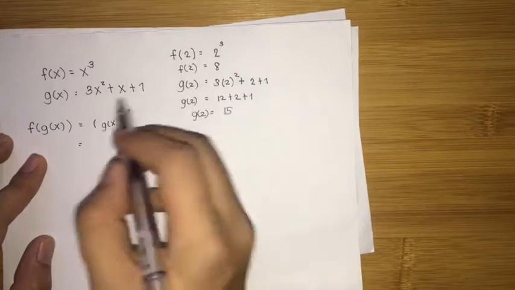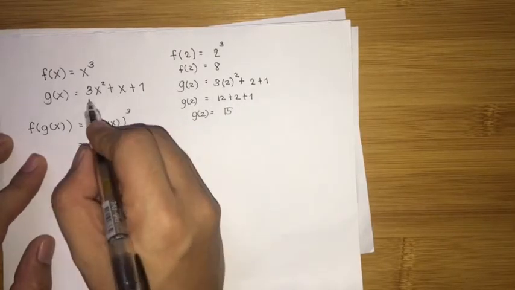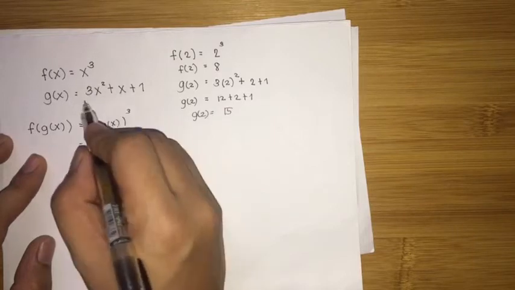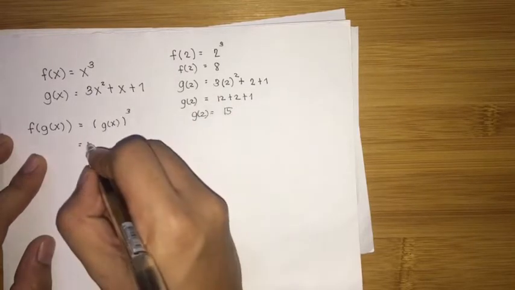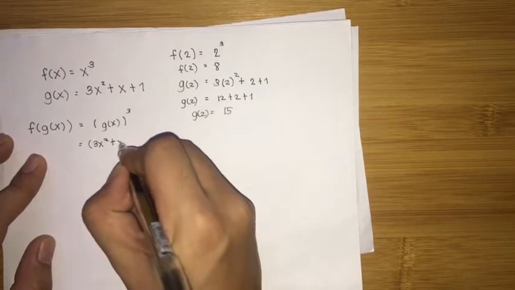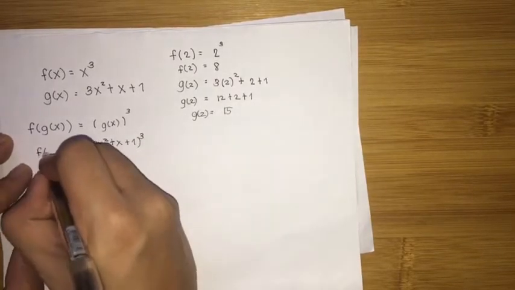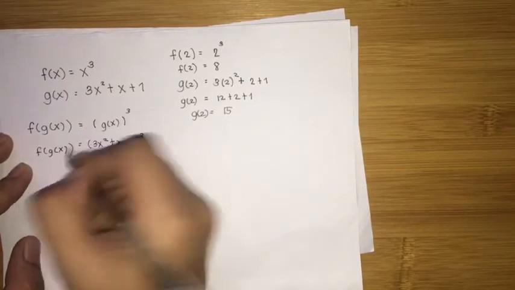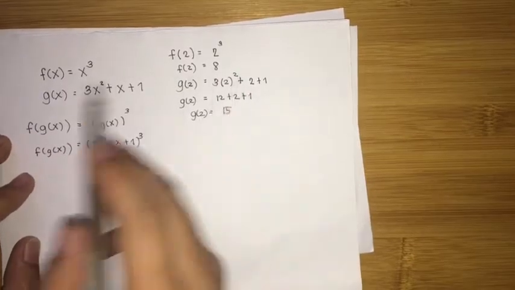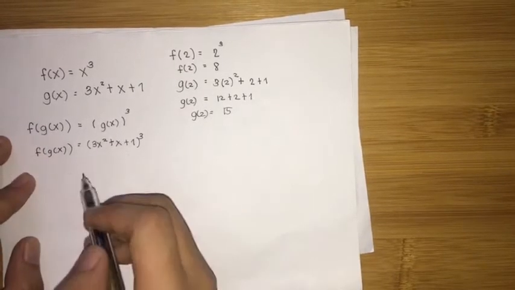Then, substitute natin yung original value ng g of x, yung in terms of x niya. So, magiging 3x squared plus x plus 1 cubed. So, yan yung f of g of x. So, i-evaluate natin yung function sa isa pang function.